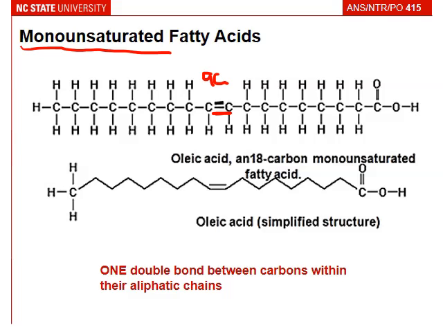That's where that double bond is. So it's right in the middle. Oleic acid is most commonly found in our olive oil. It's a pretty healthy fatty acid that you can consume. So once again, mono meaning 1, unsaturated is this double bond. So we have monounsaturated, and our main example of that is oleic acid found in olive oil.